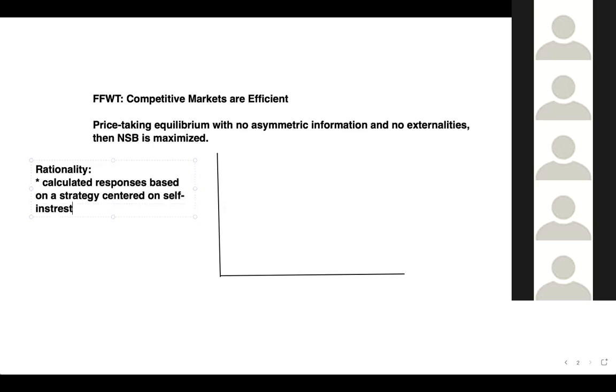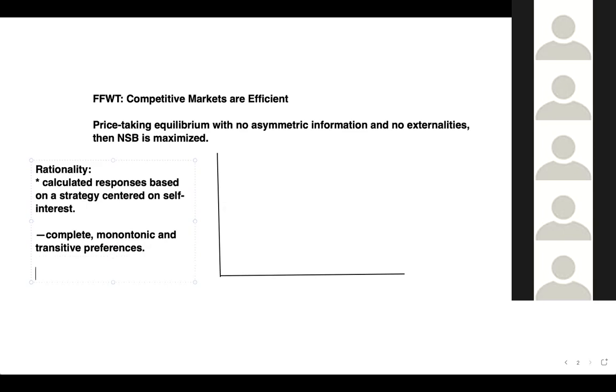So we've kind of said a lot of this. Technically, we boil this down to saying that people have complete, monotonic, and transitive preferences. That's the substance of rationality.